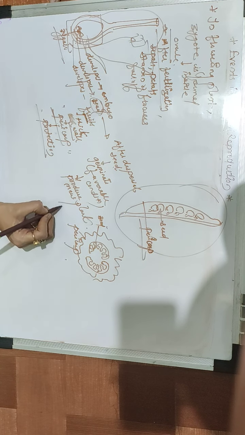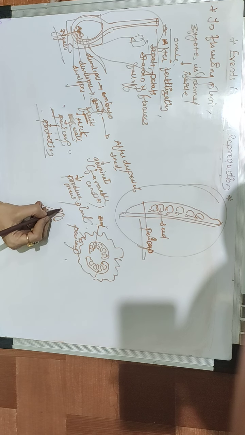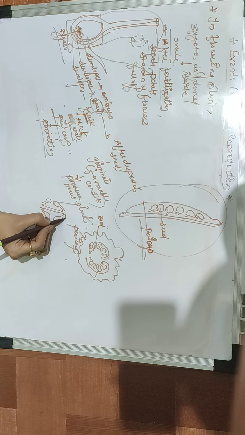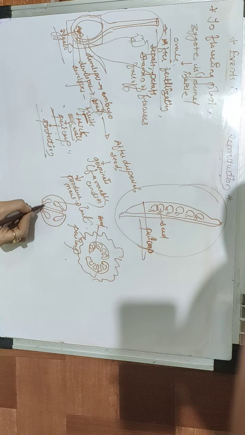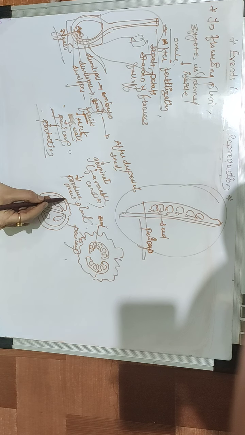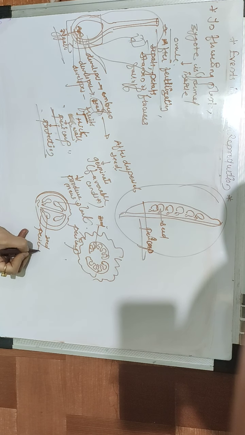Another one you can see like that. This type of fruit also occurs, and in that fruit this is a seed and this one is the pericarp.